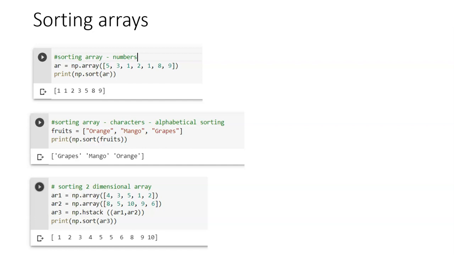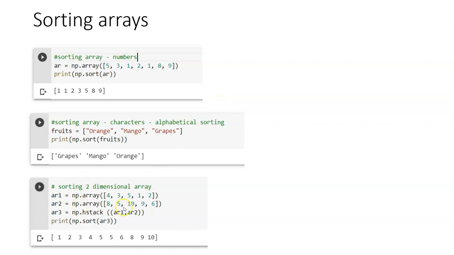So I use the keyword sort. You understand? In this case, can you see when I say sort here, G comes first, M and then O. Here it is 1, 1, 2, 3, 5, 8, 9.